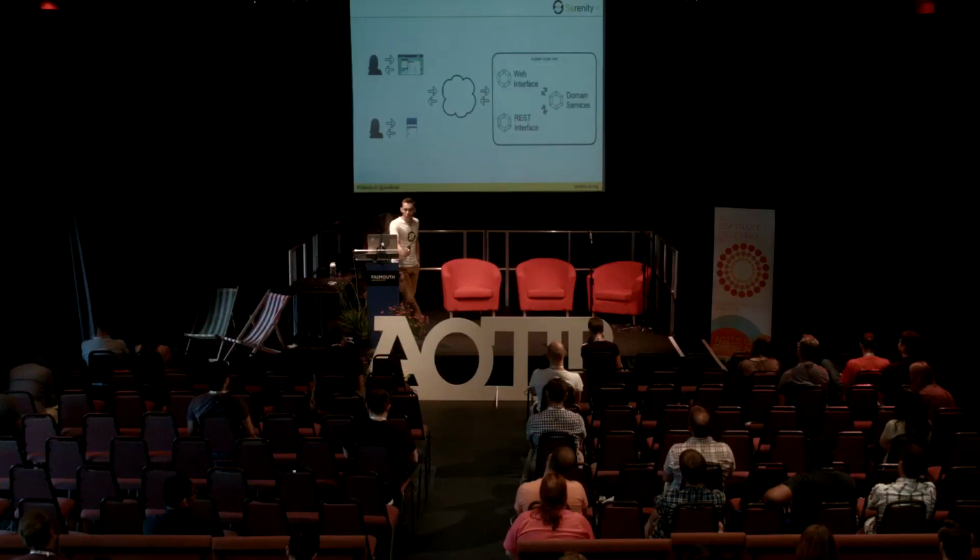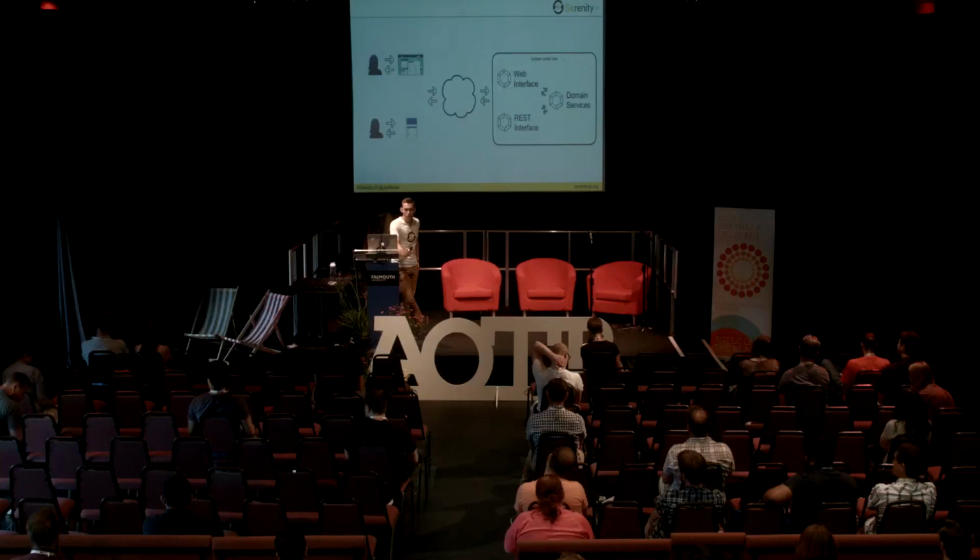But this system is typically composed of a number of different components. It will have different interfaces that we can interact with, like the UI, like the REST API, like messaging queues, and so on. And it might also have a better or worse designed domain layer, or the business logic layer, or domain core.